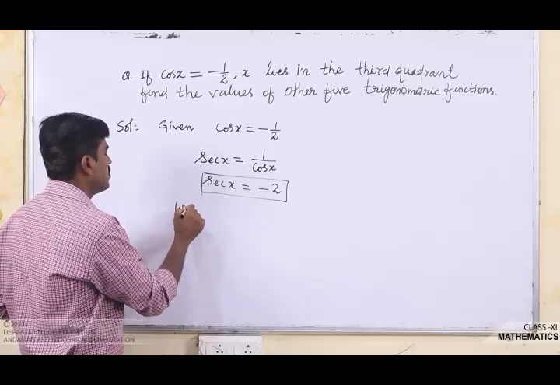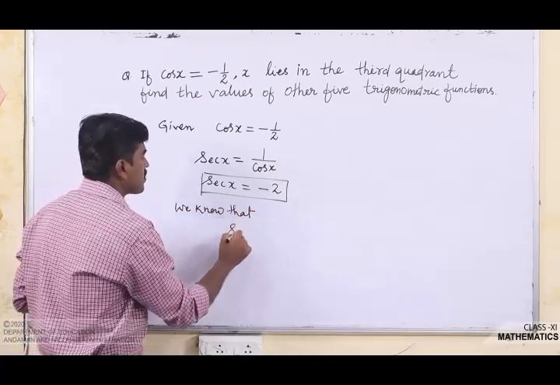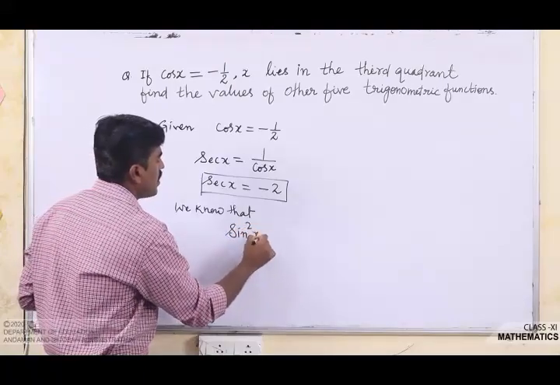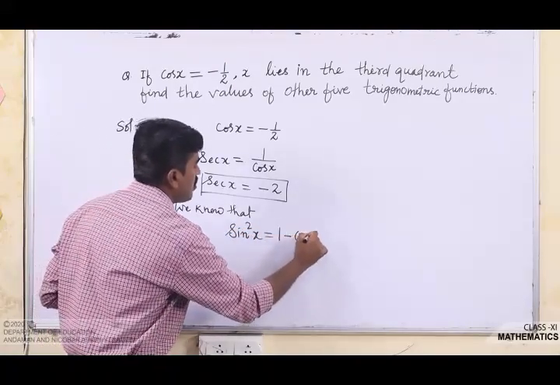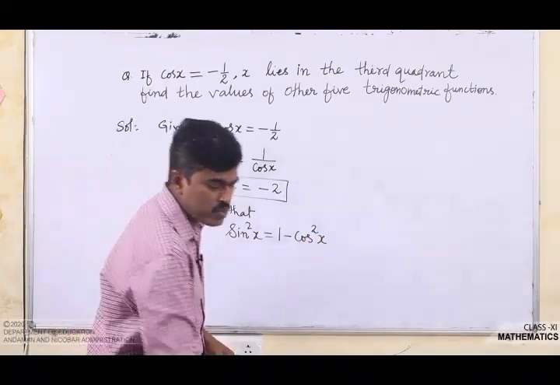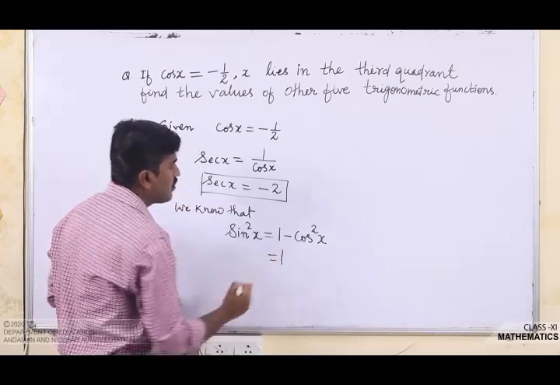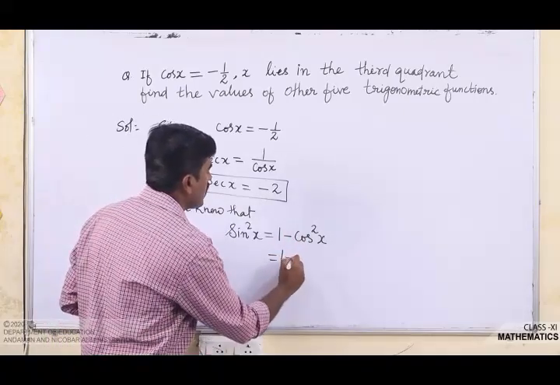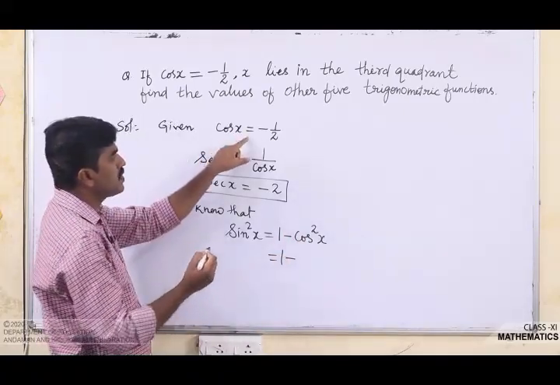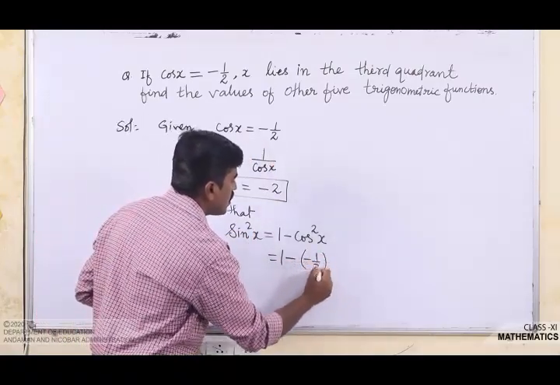Now, we will find sin x. We know that sin square x is equal to 1 minus cos square x. Just put the value of cos x here. That is 1 minus, what is the value of cos x? It is minus 1 by 2, so minus 1 by 2 whole square.